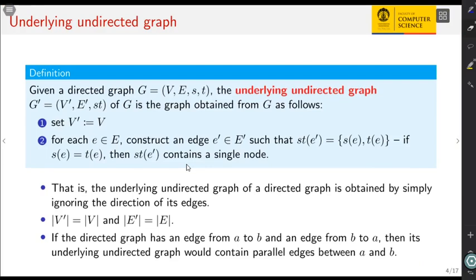Underlying undirected graph is an operation to obtain a non-directed graph from a directed graph.